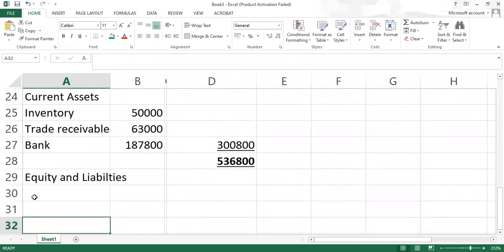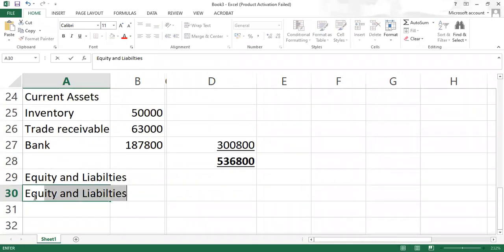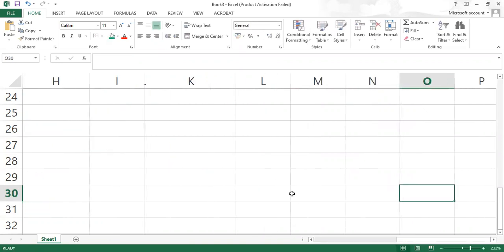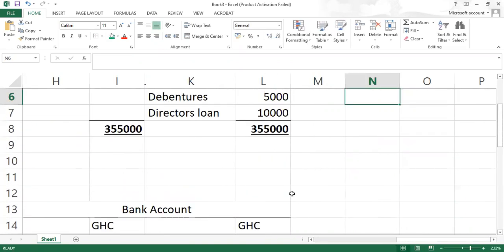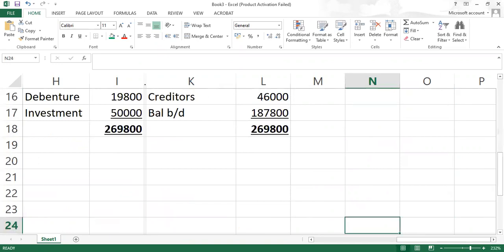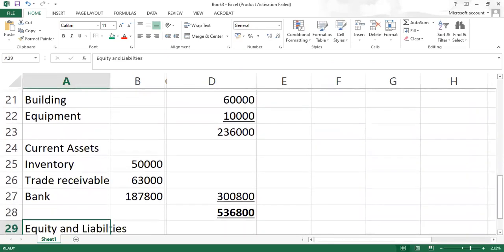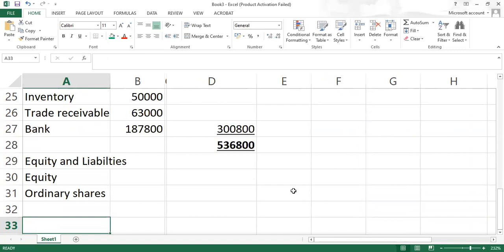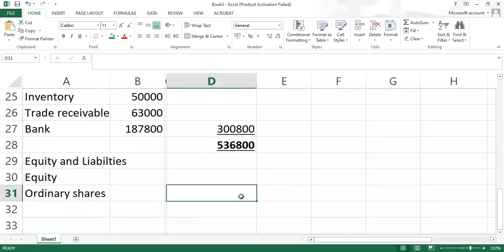The first one is equity. The first equity will be ordinary shares, isn't it? The value of the ordinary shares is what? What is the total value that we brought in? $355,000.